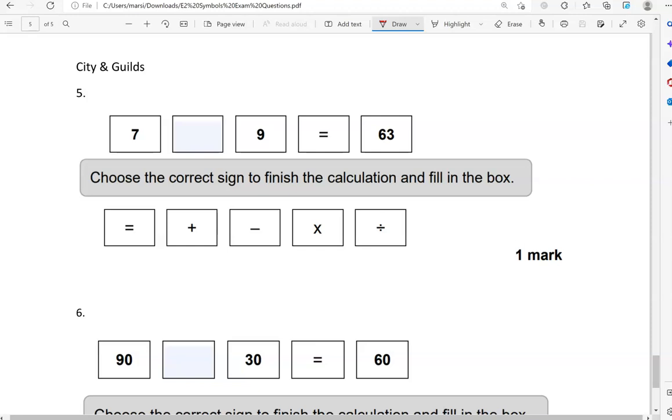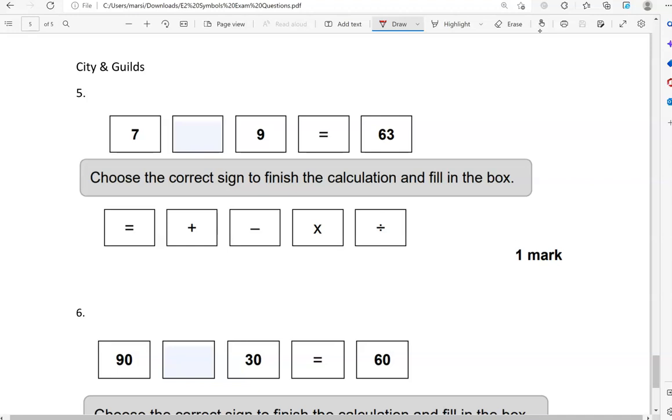7, missing symbol, and then 9 equals 63. Choose the correct sign to finish the calculation and fill in the box. First symbol here, equals. Does that work? 7 equals 9 equals 63. That doesn't. Then we have addition. 7 add 9 equals 63.